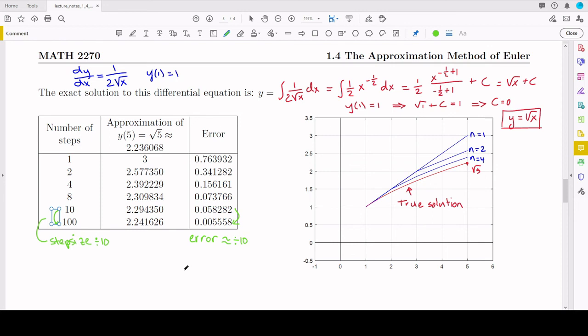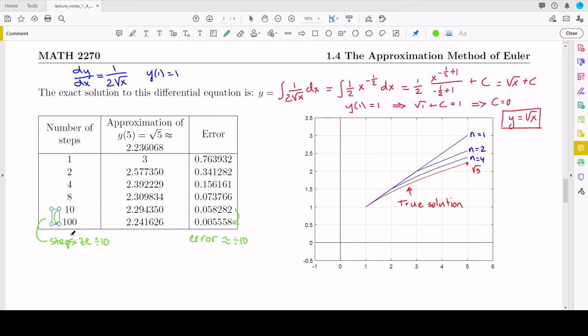And this is actually a feature of the method of Euler, or Euler's method, that roughly when you make your step size 10 times as small, your error becomes 10 times as small.